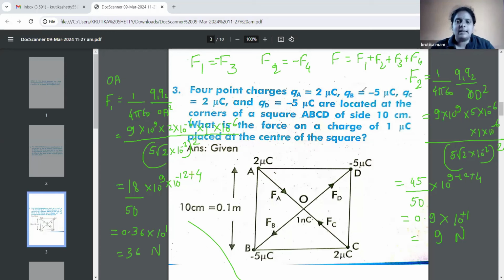Therefore, the net force acting at the center will be 0. So after all this calculation, our conclusion is that the force at the center is 0. You can write that as the last answer: the net force at the center will be 0 as F1 is equal to minus F3, or FA is equal to minus FC, FD is equal to minus FB.